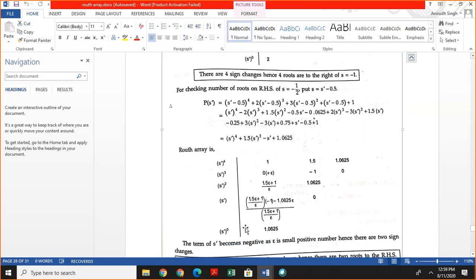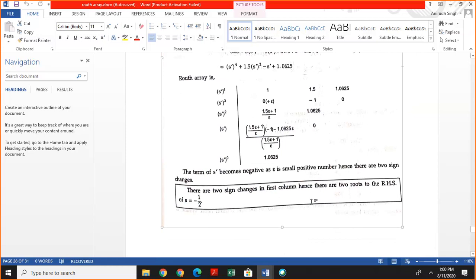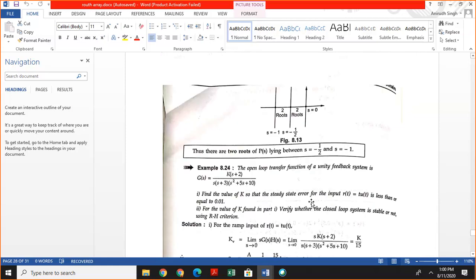From this characteristic equation, form the Routh array, and if in this equation epsilon tends to 0, there are two sign changes in the first column, hence two roots are to the left of s is equal to minus 2. Two roots are in this place and two roots lie between s is equal to minus 1 and s is equal to minus 2.